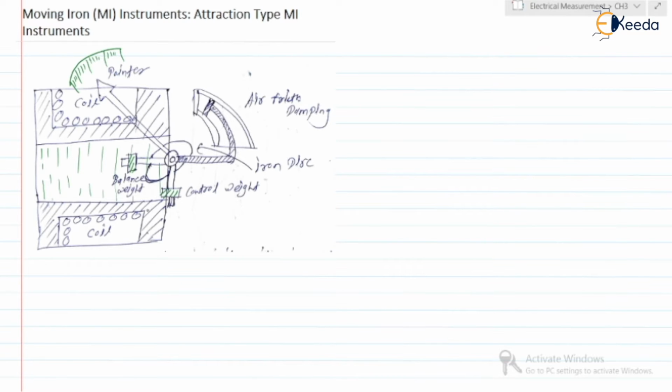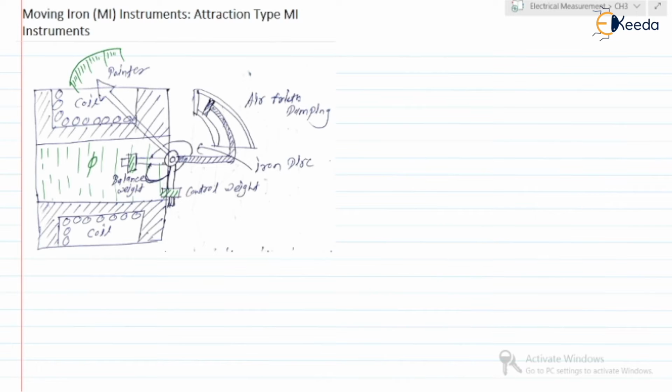Now here is the iron disc. If the magnetic field, let us consider it as phi, is present here, then the reluctance of this area will be lesser, and the reluctance of the air medium, the surrounding medium, will be more.